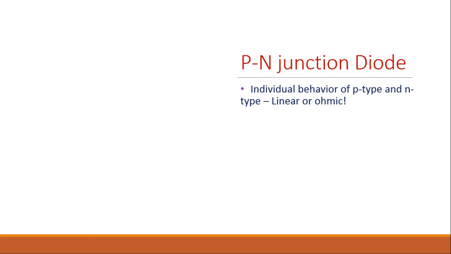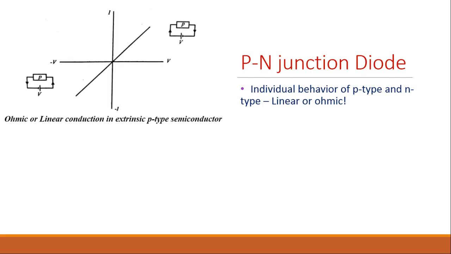So what is a PN junction diode? Why is there a need for a PN junction diode? When we see the individual behavior of a P-type or N-type semiconductor, we can see that the behavior is ohmic or linear. Here, for example, I have shown a P-type semiconductor connected in both ways.